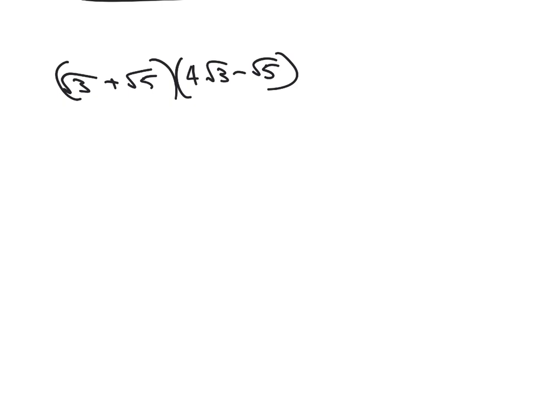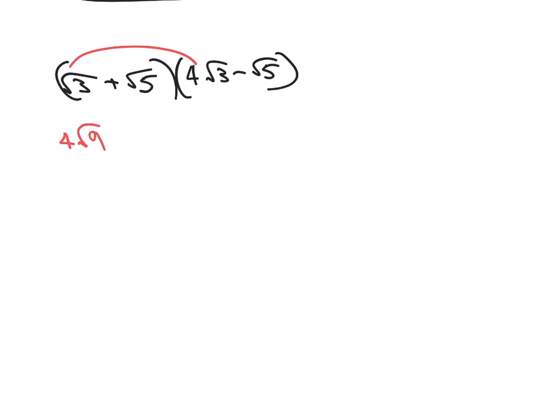All right, so let's jump to example 3, square root of 3 plus square root of 5. And we're going to multiply that by 4, the square root of 3 minus the square root of 5. And we're going to use the FOIL method. So remember, FOIL is first. So when I multiply first, I get 4 square root of 9.